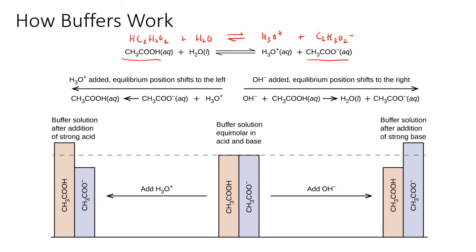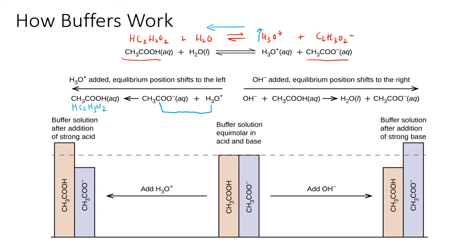If we were to put in any strong acid, we're essentially really adding hydronium ion. So we're adding in extra H3O plus. So according to Le Chatelier, when we add in extra hydronium ion, it's going to want to use up that extra hydronium ion and shift away from that addition. So the addition of the strong acid will cause the equilibrium to shift to the left, and it will react away that hydronium ion by reacting with any additional acetate anion lying around, forming more acetic acid.